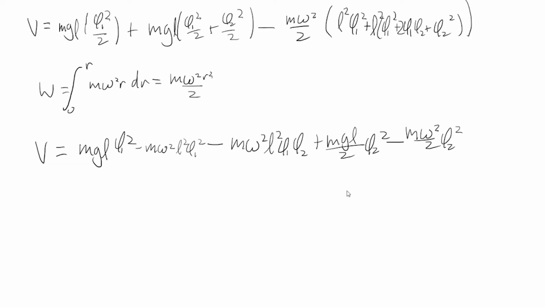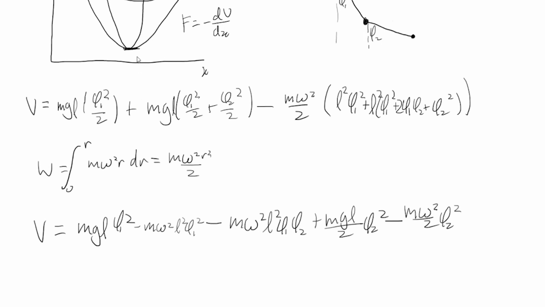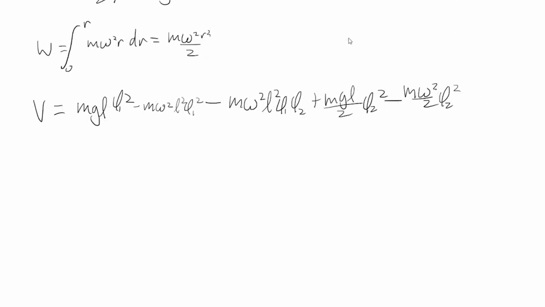So we have this expression here, and we need to find the omega such that it's a local minimum in both variables.